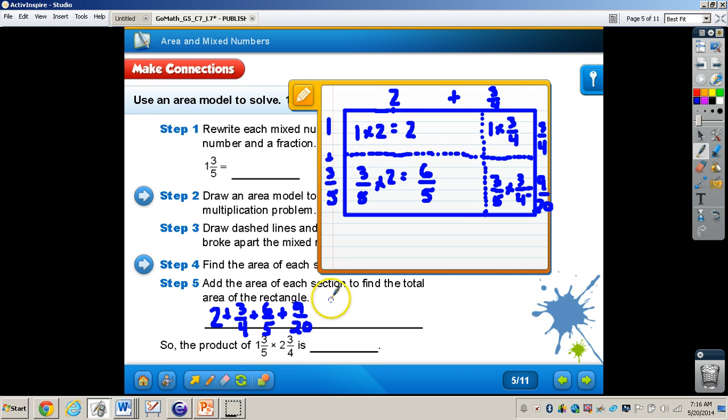And what that will give us is 88/20, or 4 2/5 when we simplify that. Okay, so we could say now the product of 1 3/5 times 2 3/4 is 4 2/5.